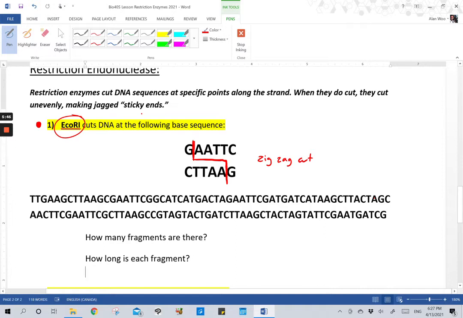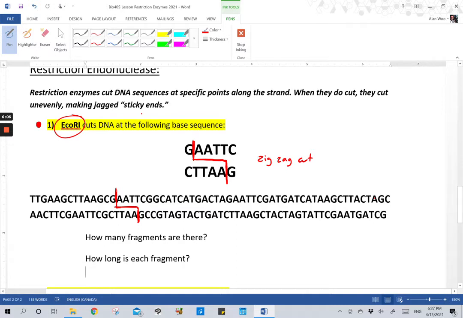There's one sequence here. We're going to make a cut between the G and the A, and it ends between the A and the G, and it makes a zigzag cut like that. So now on the left side I have one fragment, and on the right side I have a much larger fragment.